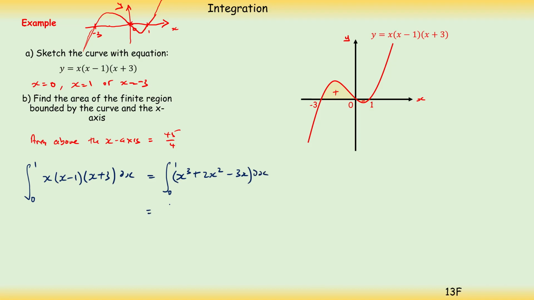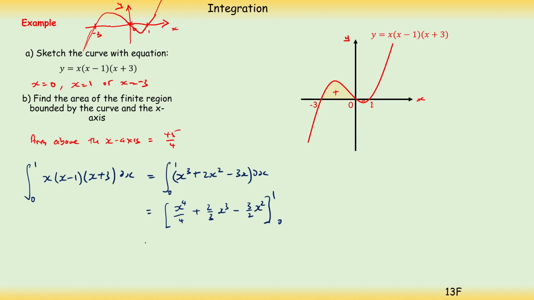When we integrate that, as we had before, we got x to the power of 4 over 4 plus 2 over 3 x cubed minus 3 over 2 x squared, and that's from 0 to 1. So we've got to sub in the figures.